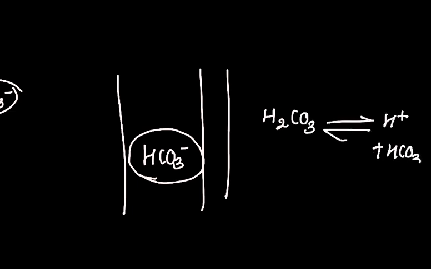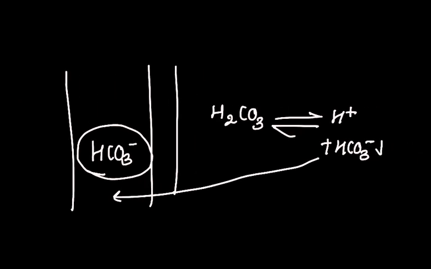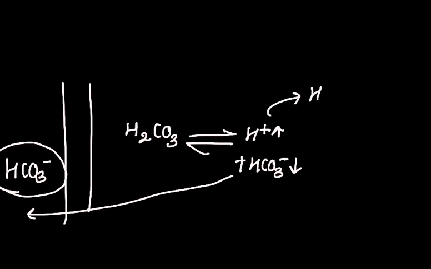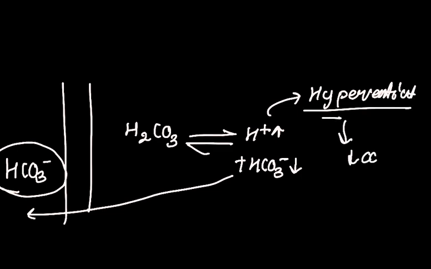As the HCO3 minus decreases, H plus increases. Now this causes further hyperventilation, further decreasing the CO2. So this is a very huge problem our body is facing. Rather than compensating, our body is further creating a lot of problems.